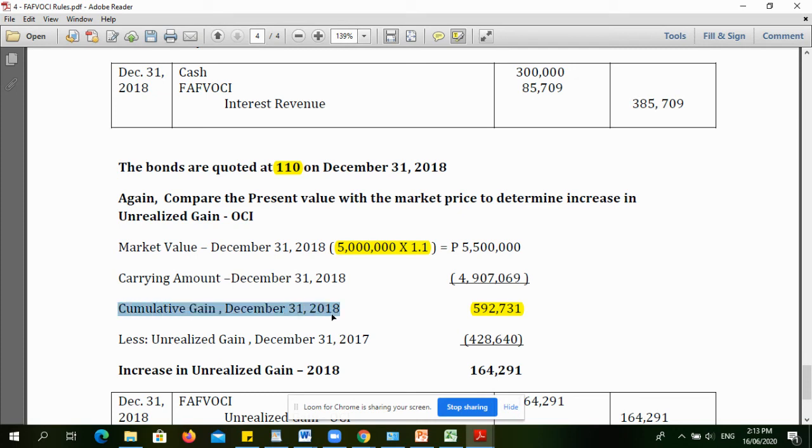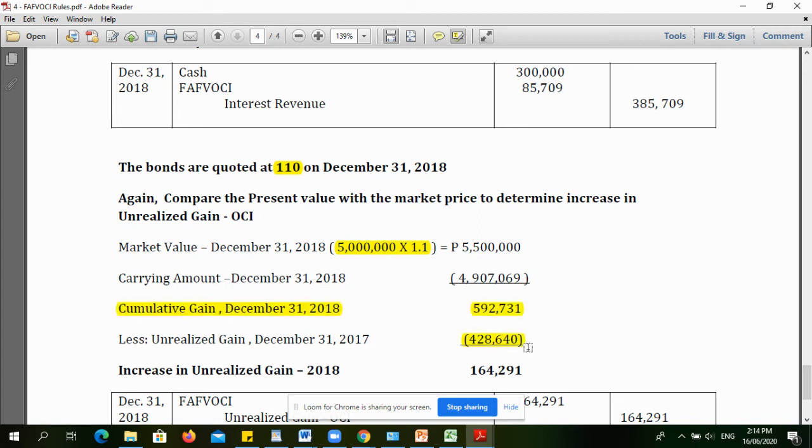But this is the twist. Remember, during 2017, you already recognized an unrealized gain, the 428,640. You recognized that already.